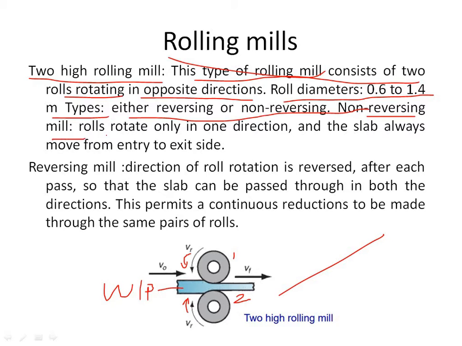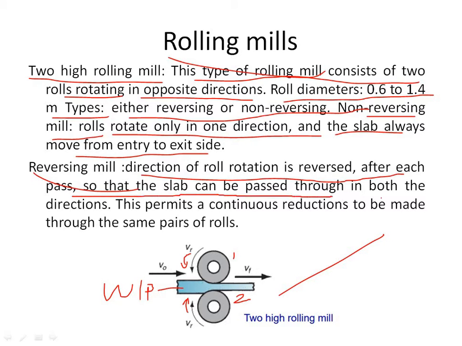In non-reversing mills, rolls rotate only in one direction and the slab always moves from entry to exit side. In a reversing mill, the direction of roll rotation is reversed after each pass so that the slab can be passed through in both directions. This permits a continuous reduction to be made through the same pair of rolls.